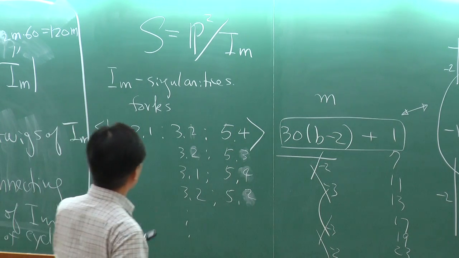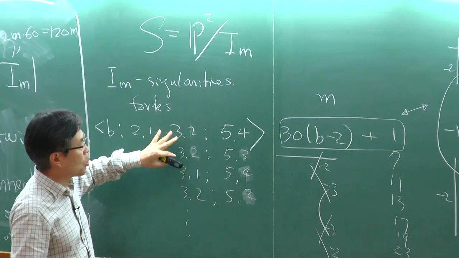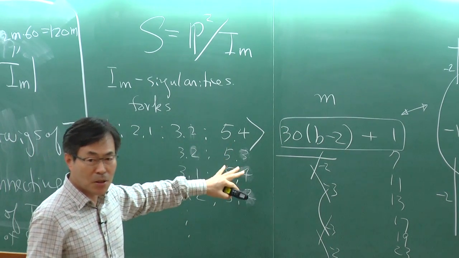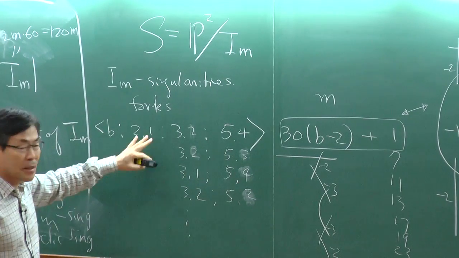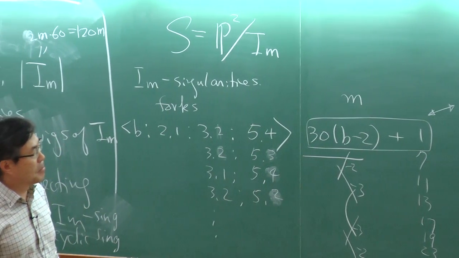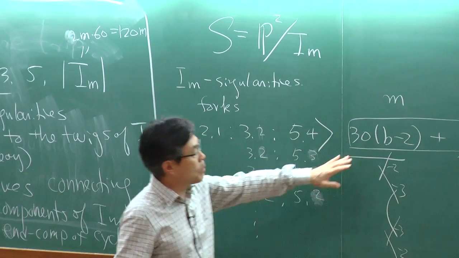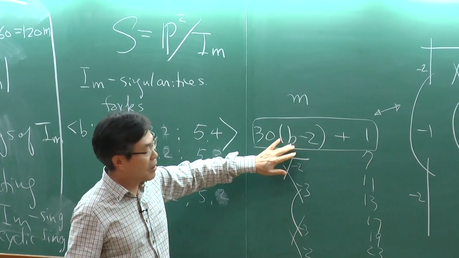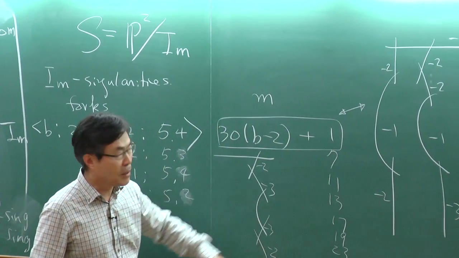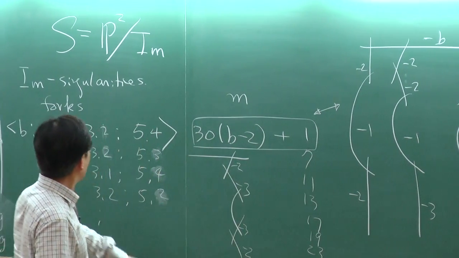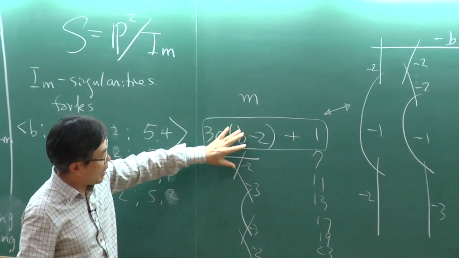Number 2, 3, 5. For 3 we have 2 choices, for 5 we have 4 choices. So there are eight families. This number b can be any number, and then you have this infinite family. So the m can be any of these numbers.